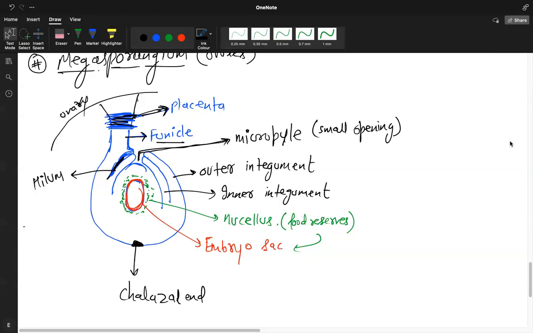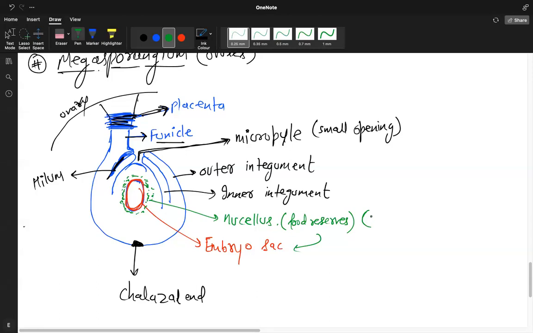Cool. So there are some details about it which at this level I'm confused whether I should spend time on or not. But just remember that tapetum is multinucleated, whereas nucellus, which is asked in entrances, performs a similar kind of function, but it stores, it is a reserve.